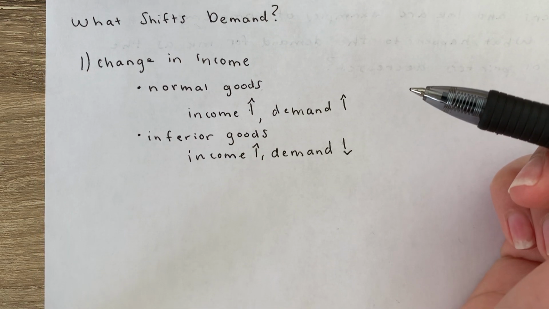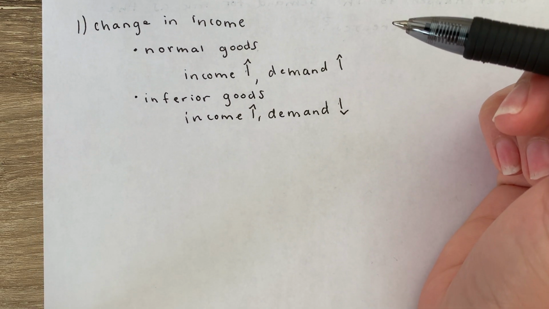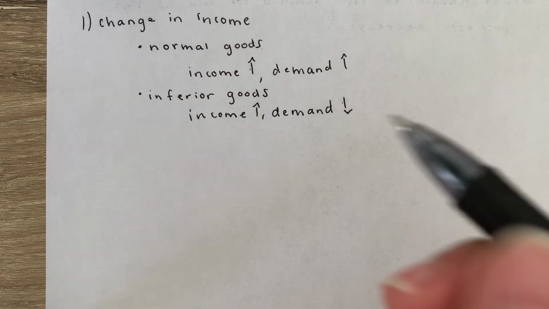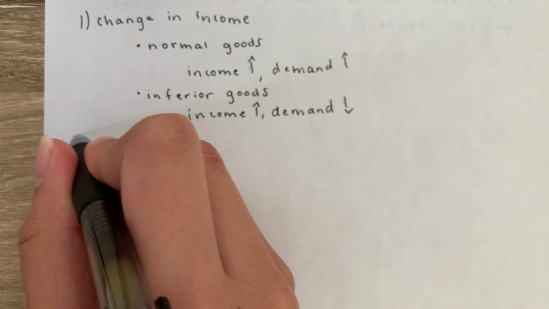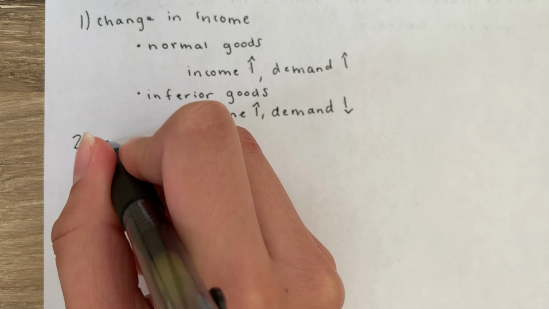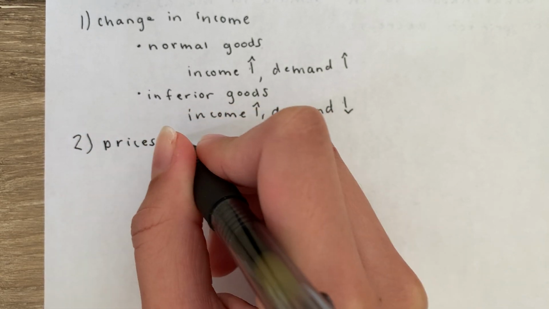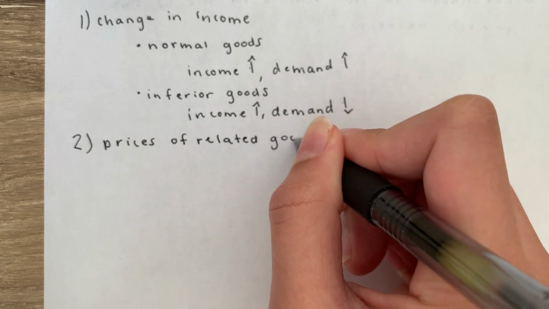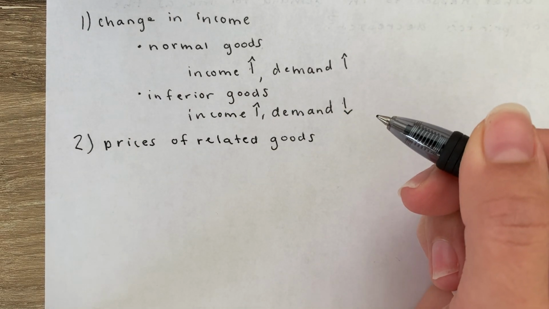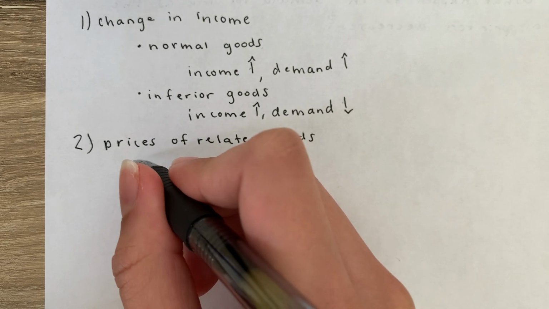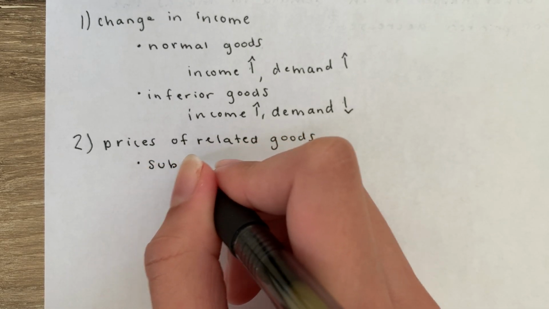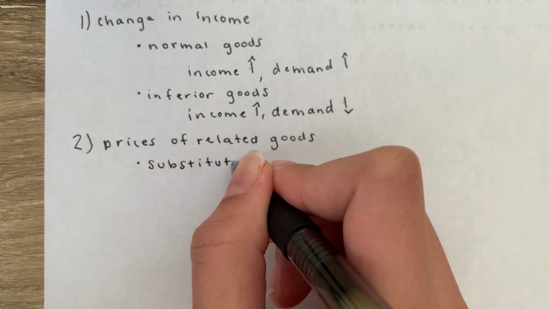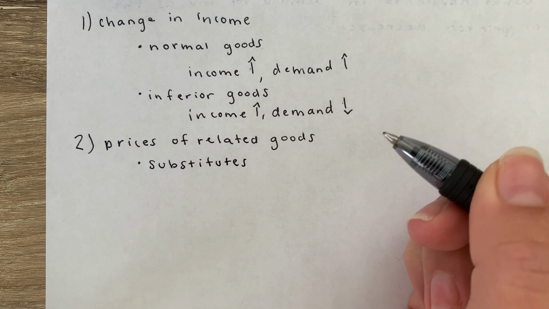Okay, and then the second factor that shifts demand is prices of related goods, right? So we have 2 types of related goods: substitutes and complements.